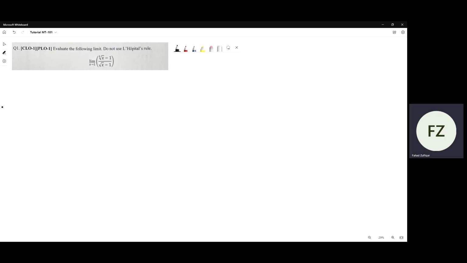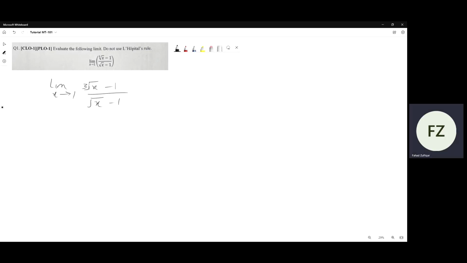So we can transform the function like this: limit as x approaches 1 of the cube root of x minus 1 divided by the square root of x minus 1. Now you have to look at the highest power of the root in the entire function. Over here you can see this x has the power of 1 by 2 and this x has the power of 1 by 3.